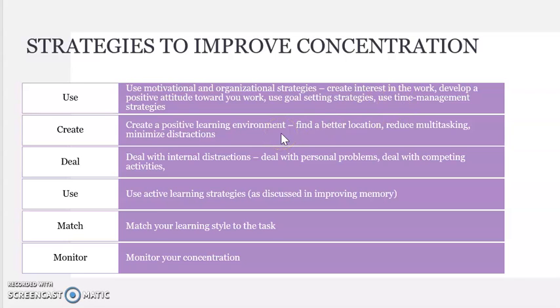Create a positive learning environment, find a better location, reduce multitasking, and minimize distraction. Deal with internal distraction, like personal problems and competing activities, use active learning strategies, match your learning style to the task, and monitor your concentration.